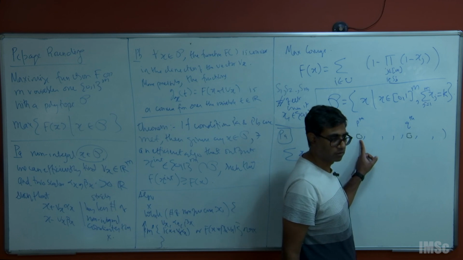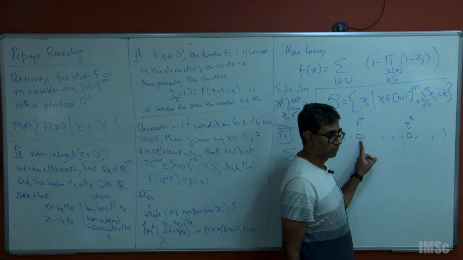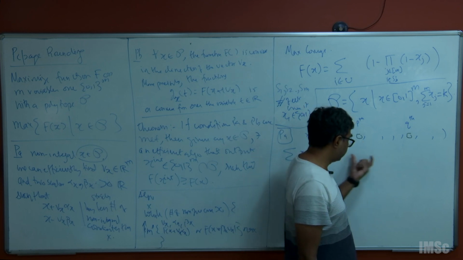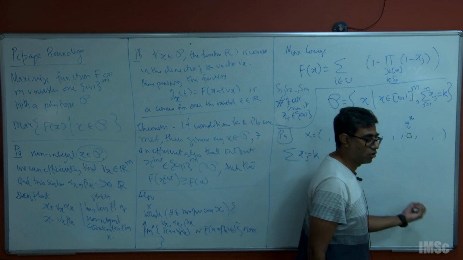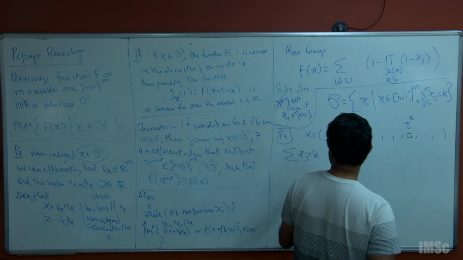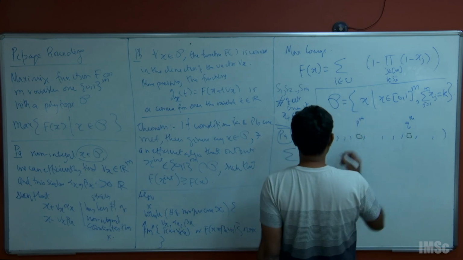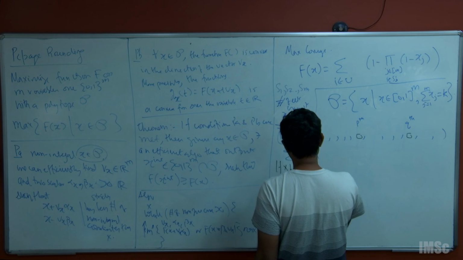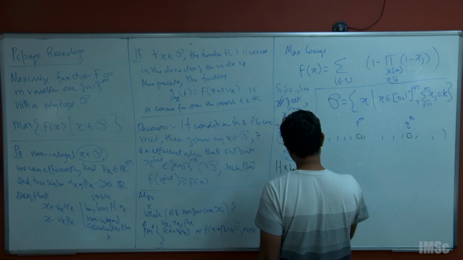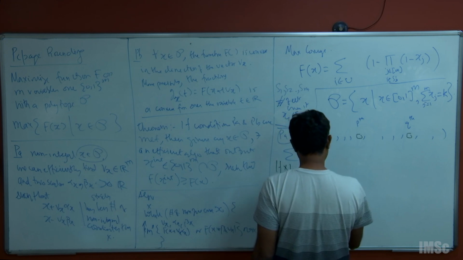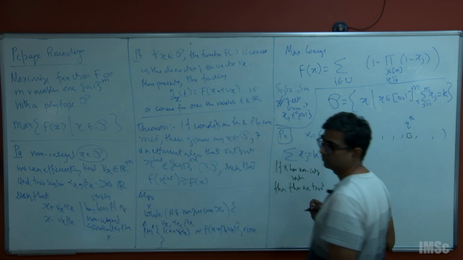You understand? Yes or no? Right? If the other coordinates sum to an integer and this is a non-integer, I will get a non-integral value, which implies that if x has non-integral values, then there are two.